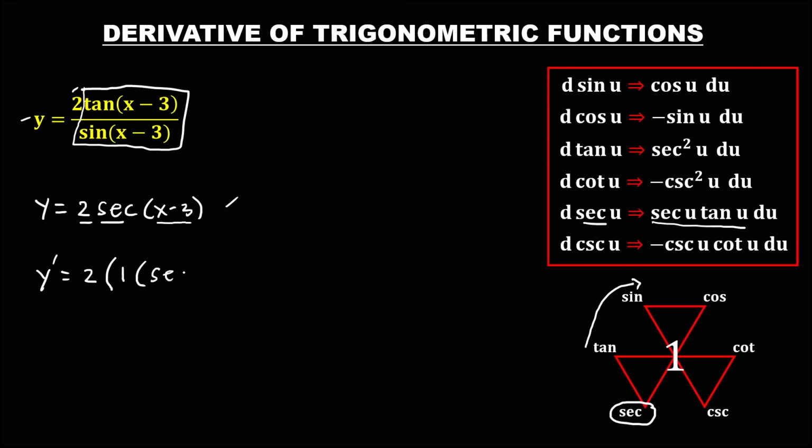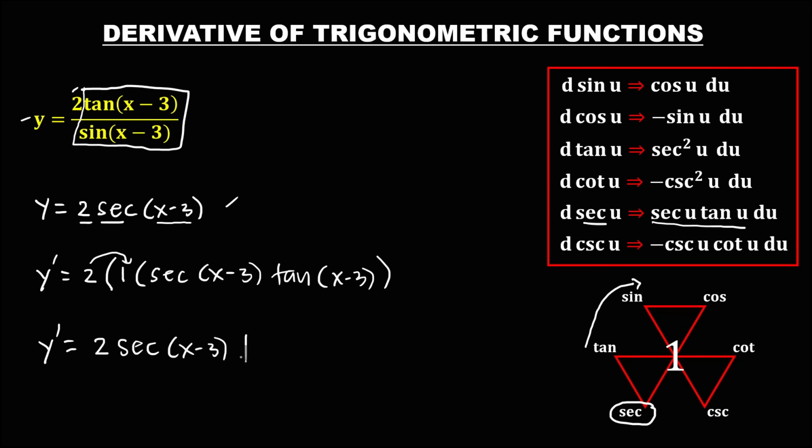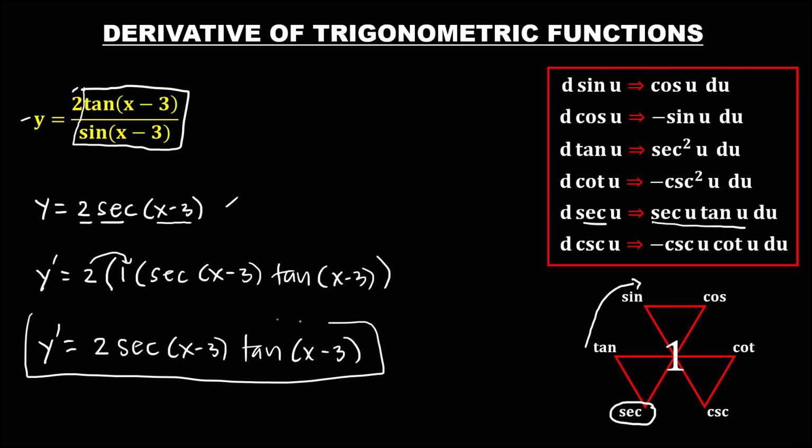So this is secant x minus 3 and tangent x minus 3. Then to simplify, y prime equals, multiply, so 2, then secant x minus 3, times tangent x minus 3. So this is now the derivative.